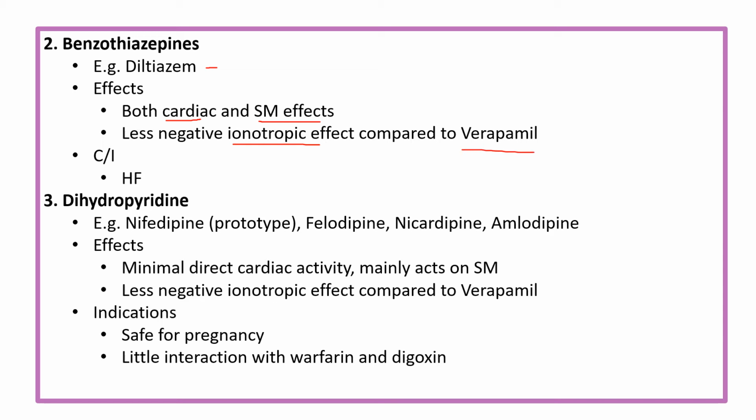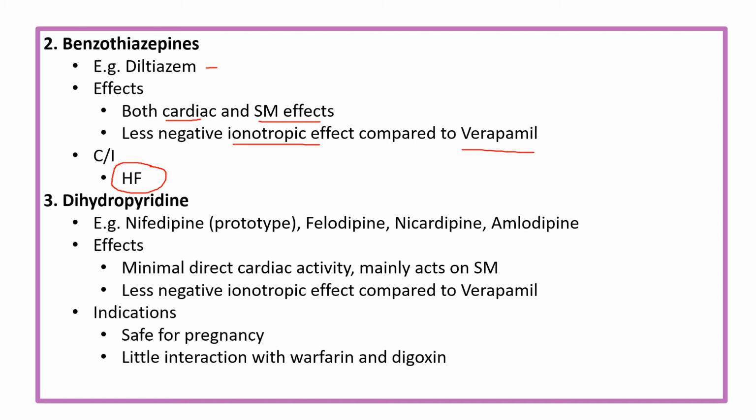It doesn't weaken the heart as much as verapamil does, but it's still a negative inotrope, which is why it's contraindicated for heart failure, for the same reason as I mentioned in the previous slide. In heart failure, the heart is really weak, and giving more negative inotropes would just further encourage cardiac depression.